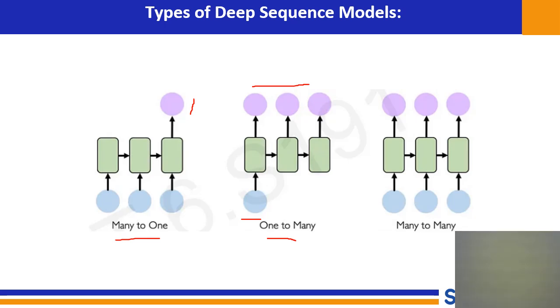Third one, many-to-many. A model where your network is fed with multiple inputs and is expected to give multiple outputs of variable length. Example, machine translation. You give your model an English sentence and your model will translate it to French.